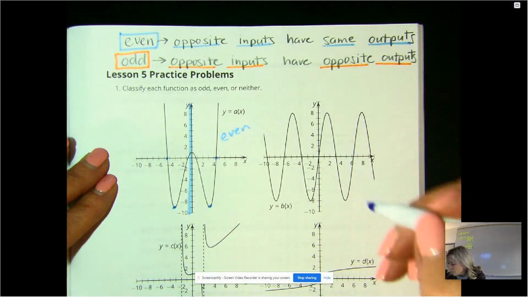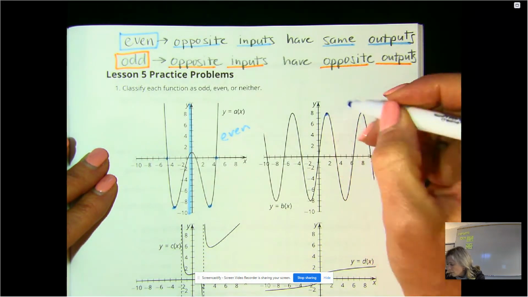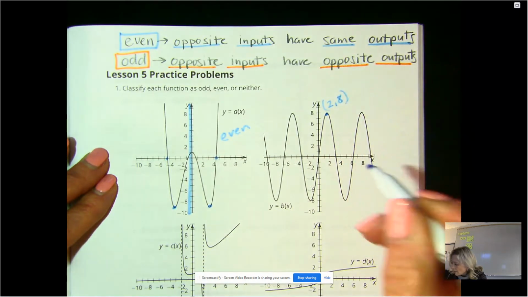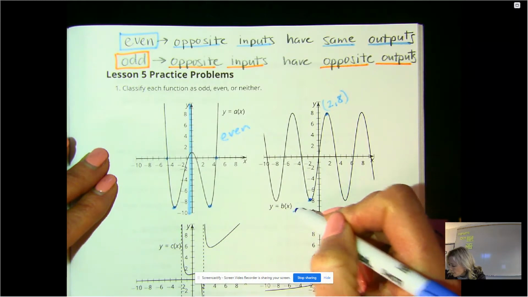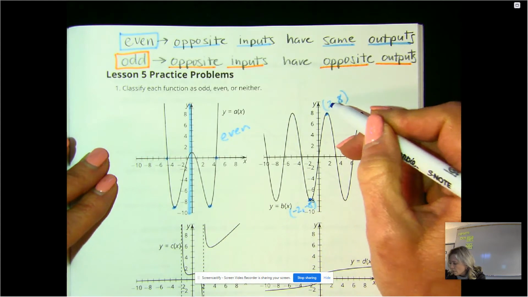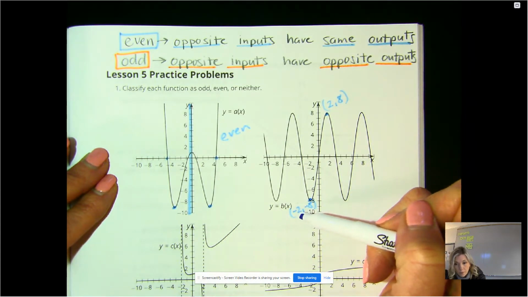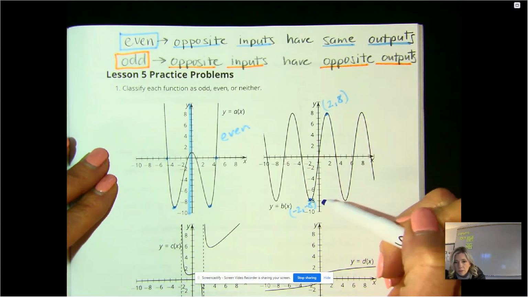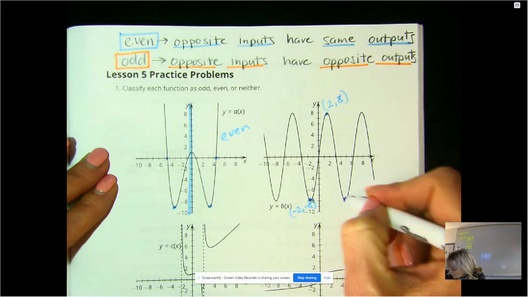For my input of 2, this point here would be at (2, 8), and -2, -8 is right here. See how my opposite inputs, 2 versus -2, have opposite outputs, 8 versus -8.